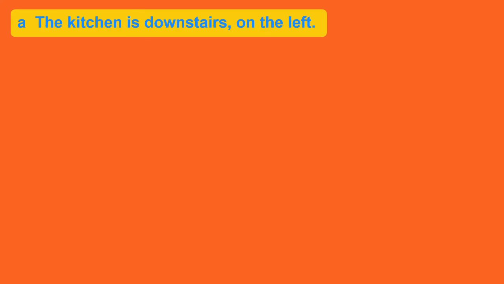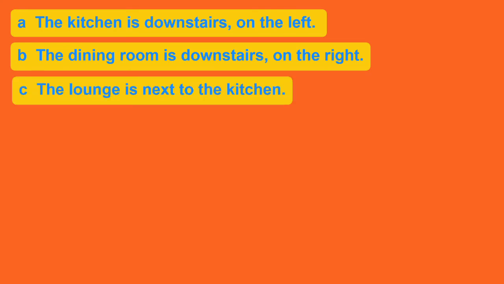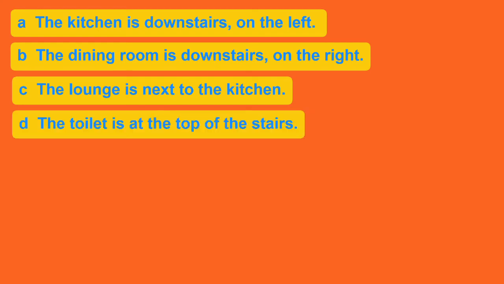The kitchen is downstairs on the left. The dining room is downstairs on the right. The lounge is next to the kitchen. The toilet is at the top of the stairs.